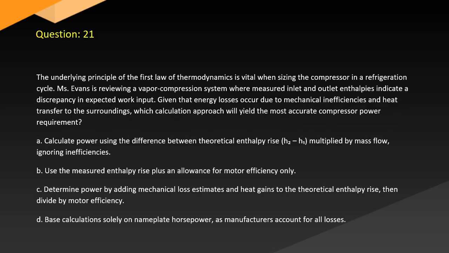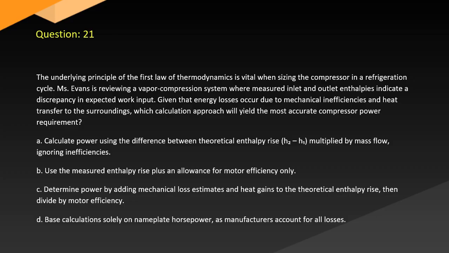Question 21. The underlying principle of the first law of thermodynamics is vital when sizing the compressor in a refrigeration cycle. Evans is reviewing a vapor compression system where measured inlet and outlet enthalpies indicate a discrepancy in expected work input. Given that energy losses occur due to mechanical inefficiencies and heat transfer to the surroundings, which calculation approach will yield the most accurate compressor power requirement?